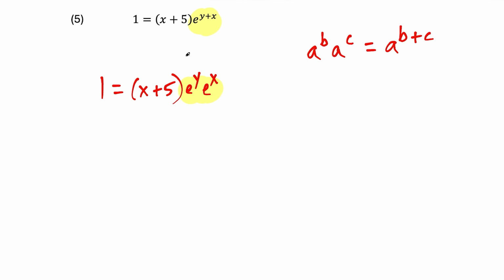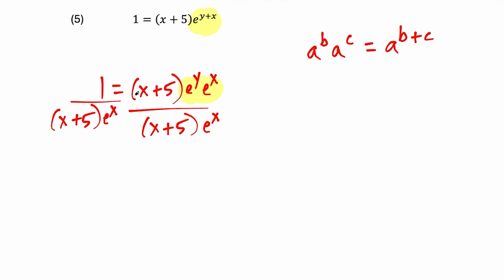So from here, we want to solve for y. So I'm going to divide both sides by x plus 5 times e to the x. So I'm doing that on the right side, and I'm going to do that on the left side as well. On the right side, x plus 5 over x plus 5 cancels. E to the x over e to the x cancels. And now we have 1 over x plus 5 times e to the x is equal to e to the y.